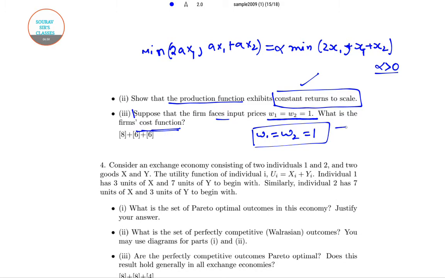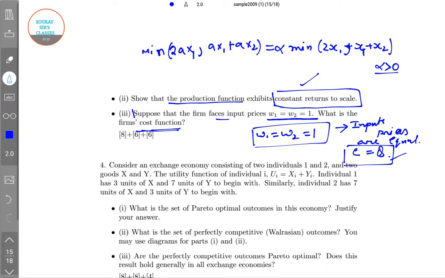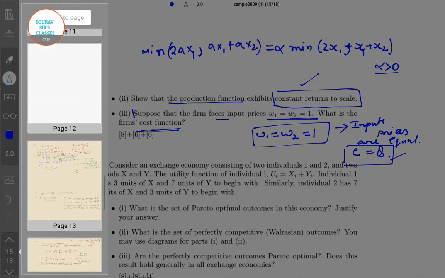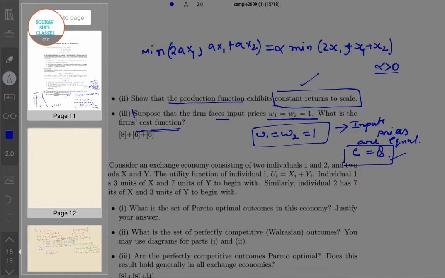If the input prices are the same, if the input prices are equal, then we'll get C equal to Q. The cost will be equal to the quantity.